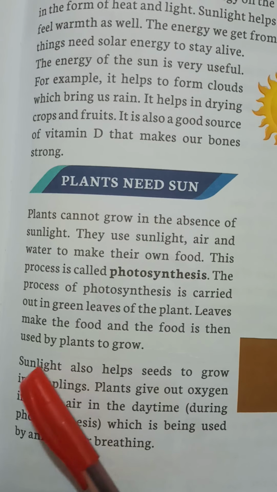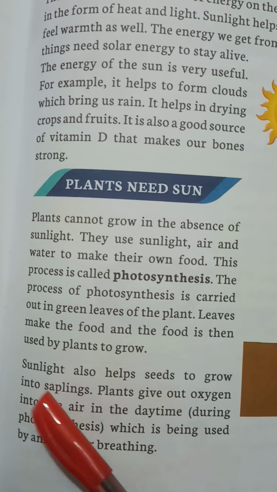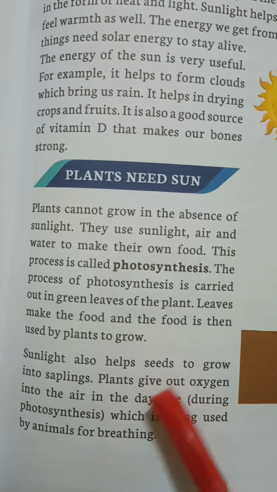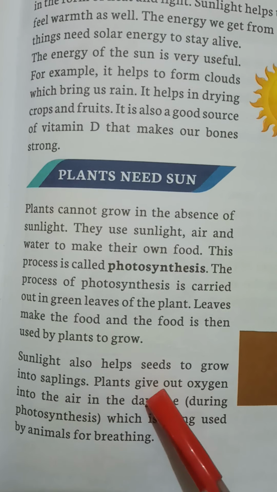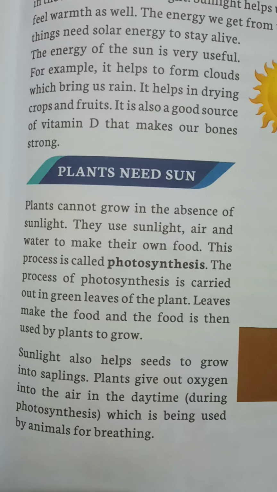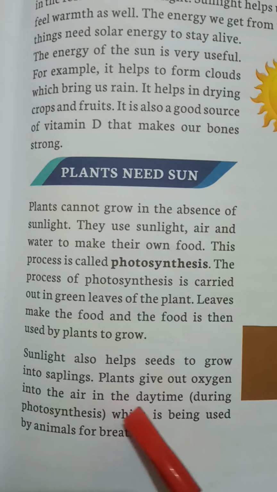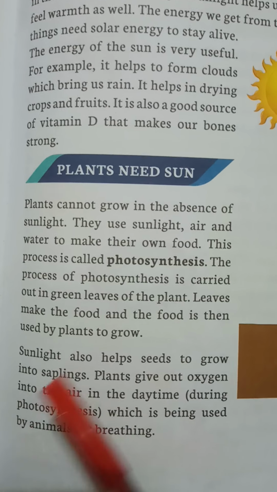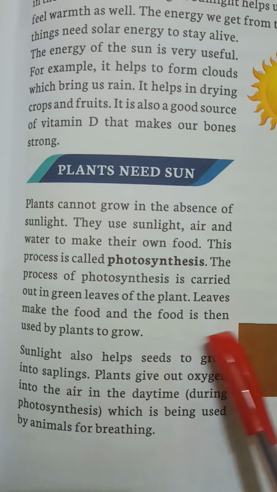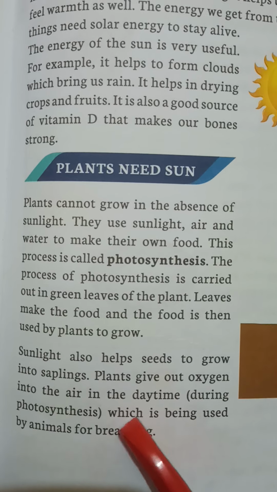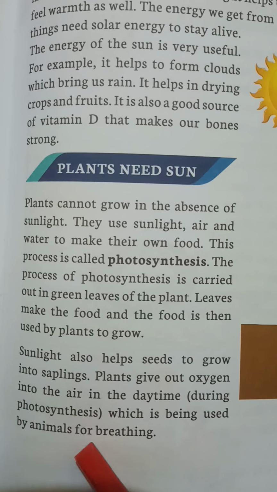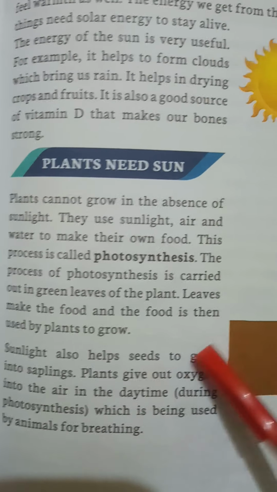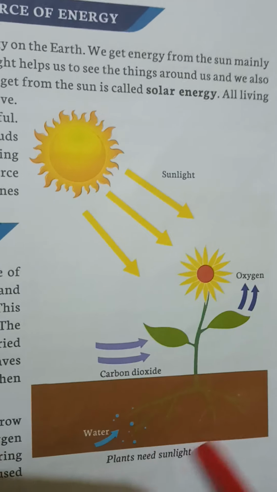When a seed grows into a small baby plant, that is called a sapling. Plants give out oxygen into the air in the daytime during photosynthesis, not at night, which is used by animals for breathing, as I have explained through this picture.